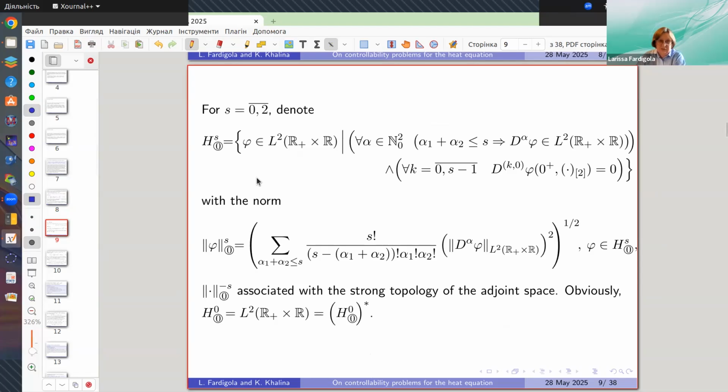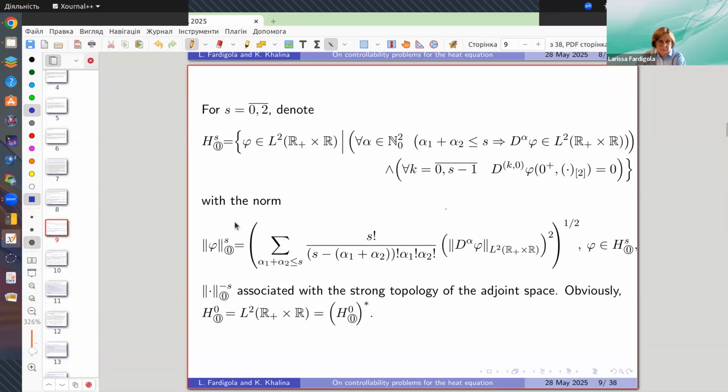Also, we consider the Sobolev space on R plus times R. It is the space with the additional condition that derivatives with respect to x1 equal 0 when the order of derivatives is from 0 to s minus 1.